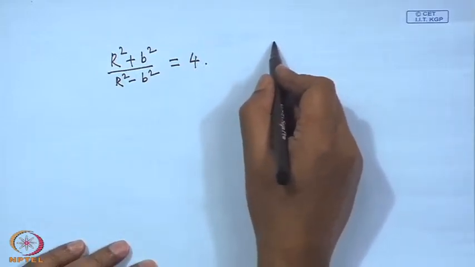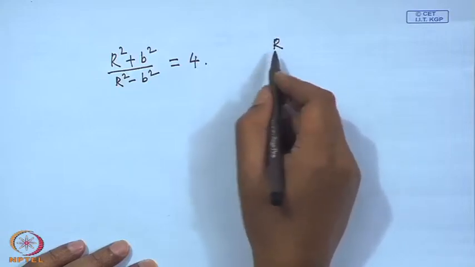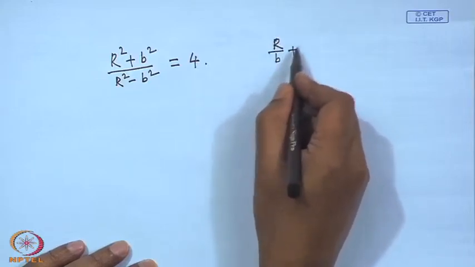Which, if you want, you can also write as r by B plus B by r.